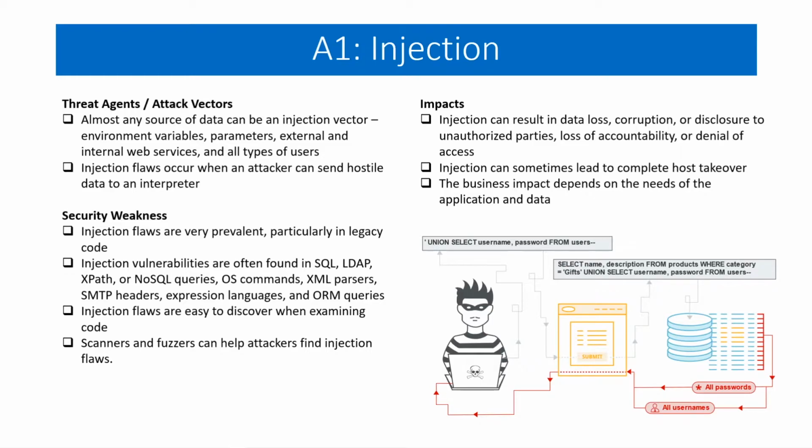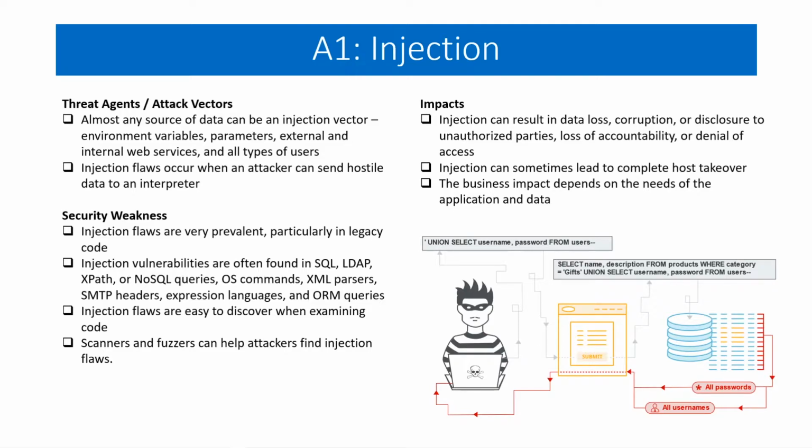Injection flaws occur when an attacker can send hostile data to an interpreter. Security weaknesses: injection flaws are very prevalent, particularly in legacy code. They are relatively easy to discover by examining the code. So that's why you don't want an attacker to be able to get their hands on your code very easily.